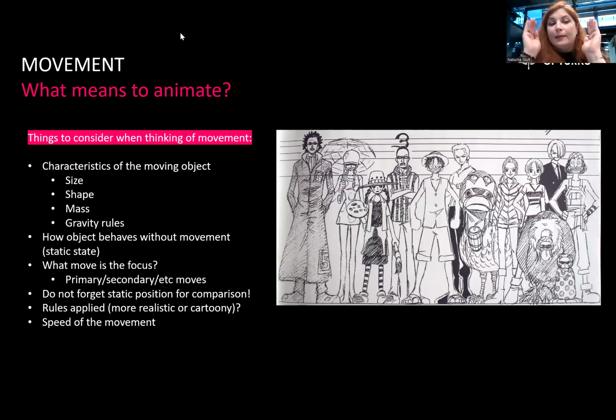But the reason why shape, size, and mass need to be in correlation with the way the world functions, meaning the gravity rules mostly, is that it determines what quality of object we are speaking about.